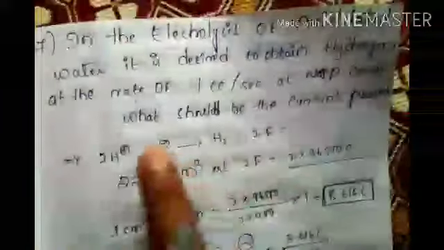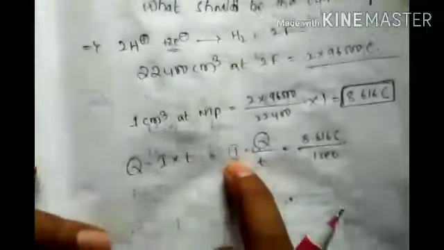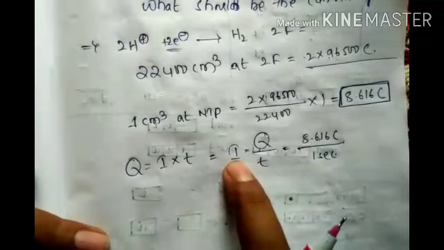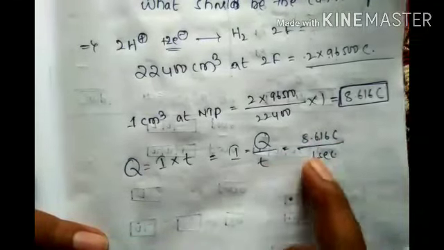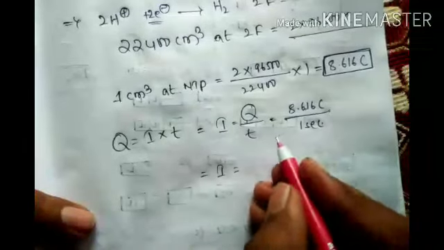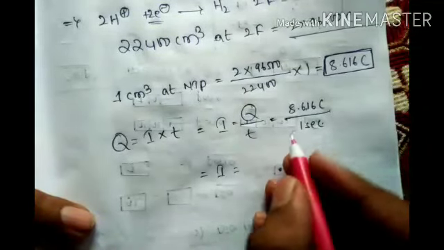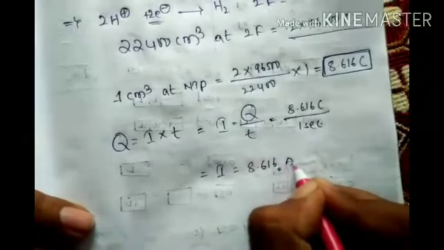Now what should be the current passed? How many amperes are passed? Quantity of electricity this much, so each second how much is going on? I equals 8.616 amperes.